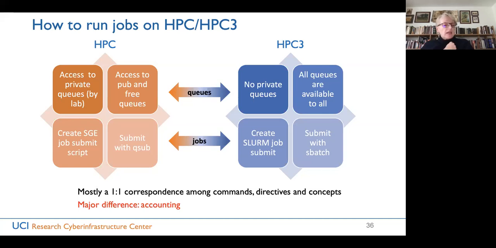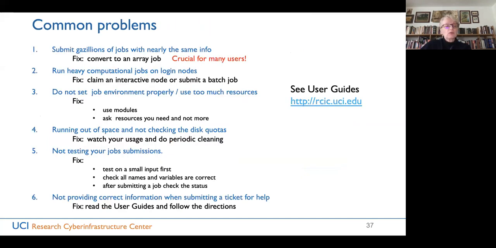We used to have SGE, and users needed to write an SGE job submission script and submit it with qsub. Similarly, on the new cluster, you need to create a Slurm job submit script and submit it with the sbatch command. And there is mostly one-to-one correspondence among commands, directives, and concepts. And the major difference is accounting, which we already touched on.